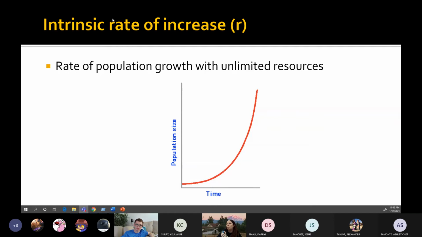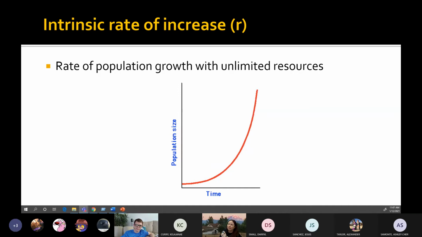So intrinsic rate of increase is often referred to as a lowercase r. That is the rate of population growth with unlimited resources. So that's like having zero limiting factors. Do we draw this part? No, you don't have to draw this one.